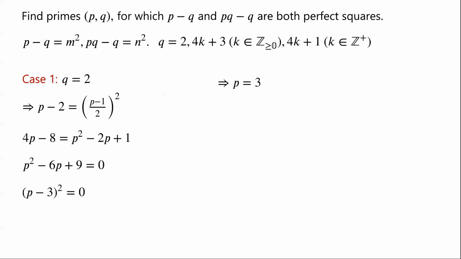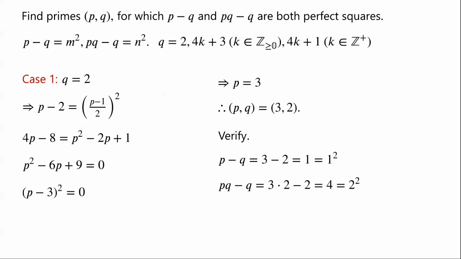So p equals 3, so (p, q) equals (3, 2). Verify whether this is a solution. p minus q equals 3 minus 2, which is equal to 1, which is 1 squared. pq minus q equals 3 times 2 minus 2, which is equal to 4, which is 2 squared. Thus, (p, q) equals (3, 2) is a solution.